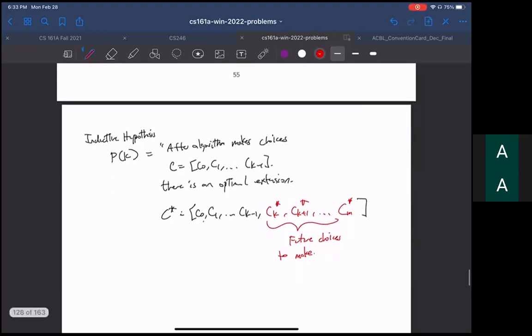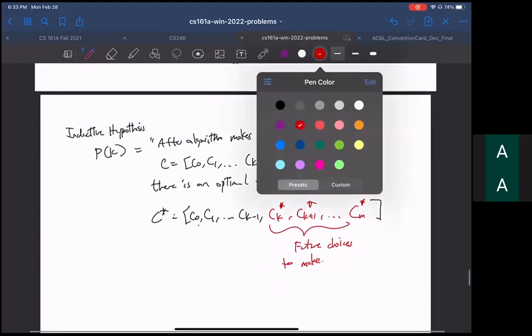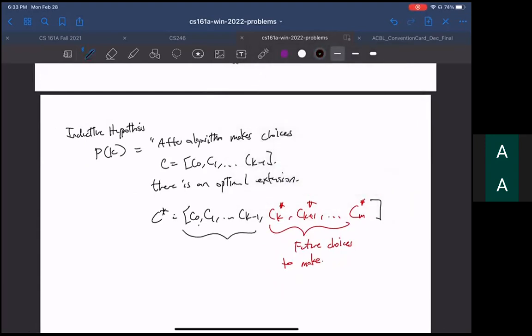What's interesting is that you want to show that even once you've made these choices, you can still extend the solution to get an optimal answer. That means your algorithm has not done something wrong, right? If your algorithm made a choice that made it impossible to get the optimal, then your algorithm did something wrong. You want to be able to say that after every choice you make, you can still get an optimal, because that implies that after you make all the choices, you have found an optimal.